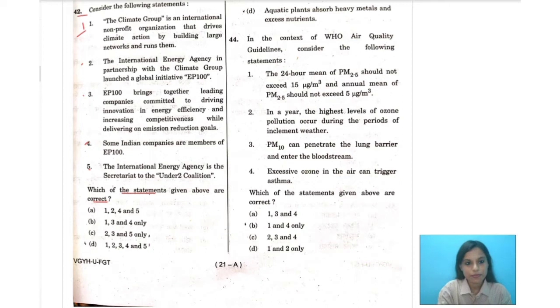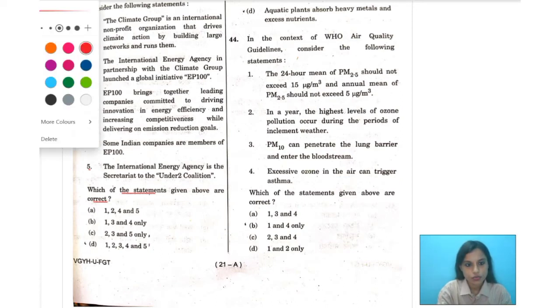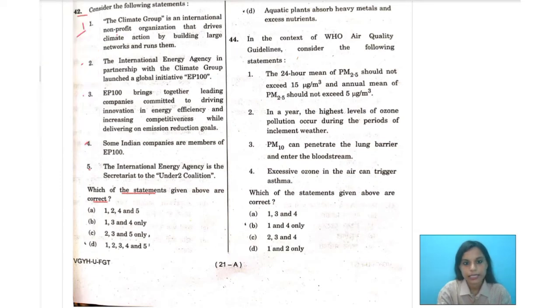The first statement says the Climate Group is an international non-profit organization that drives climate action by building large networks and runs them. What is this Climate Group all about?